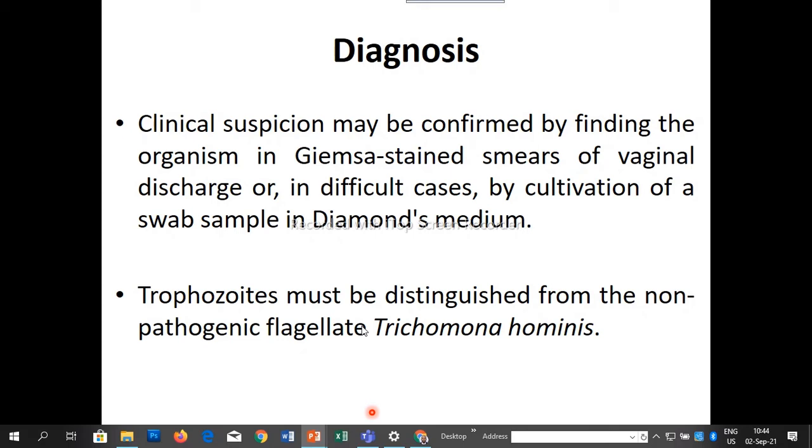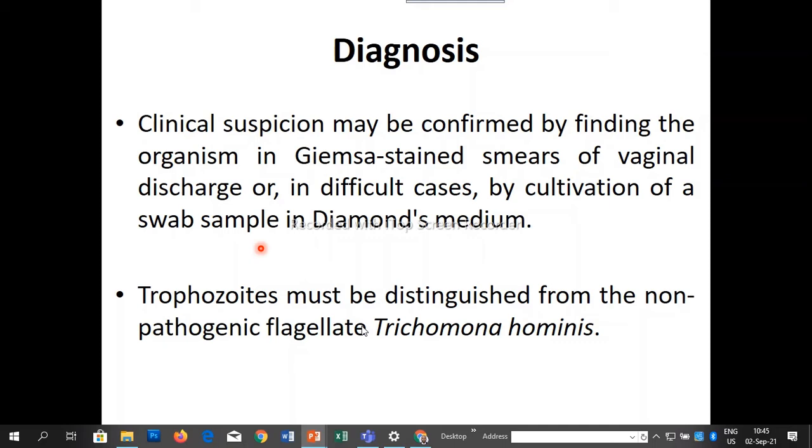So, clinical diagnosis. You can suspect this infection by the clinical presentation of the patient, and then a vaginal discharge or vaginal swab can be taken and analyzed on microscope for observing the trophozoite of Trichomonas vaginalis.